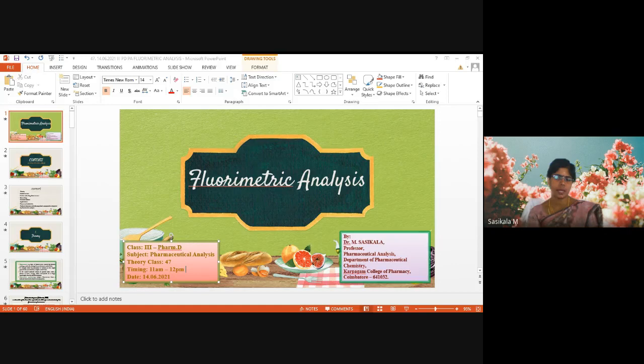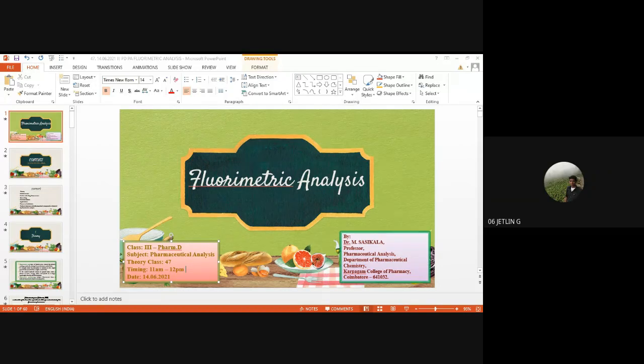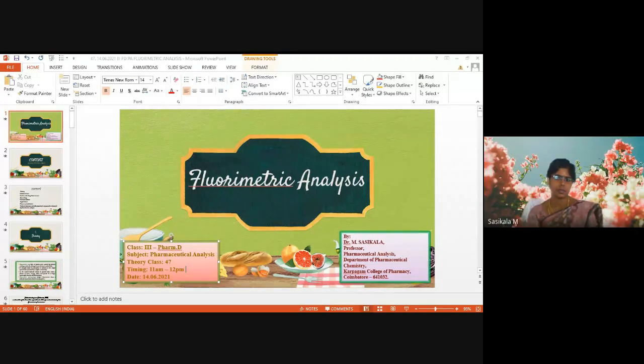What kind of samples will have elements? Yes, ma'am. Hello, ma'am. Yeah, proceed. I'm not audible, ma'am. What kind of samples will be analyzed by atomic absorption spectroscopy?